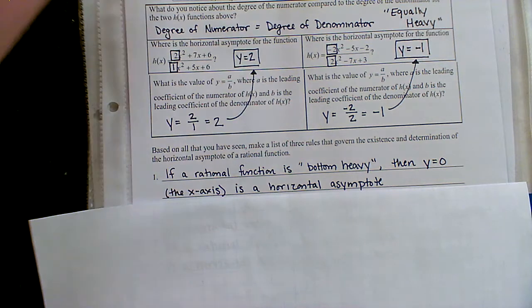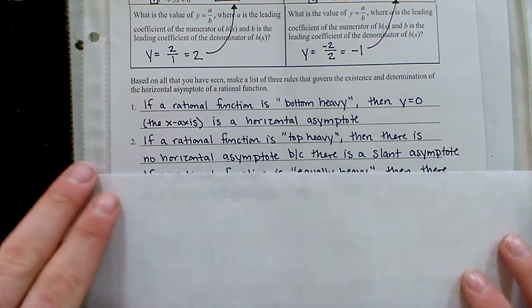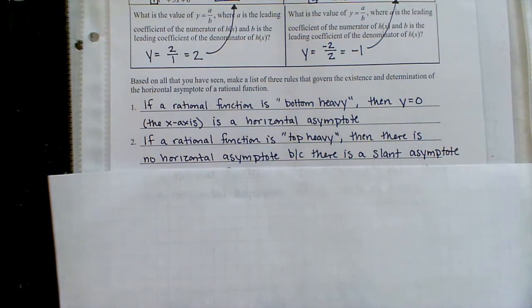Then we also figured out if a rational function is top heavy, then there is no horizontal asymptote because there is a slant asymptote.